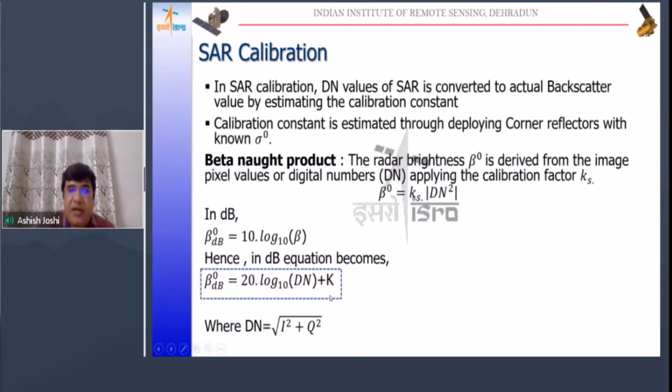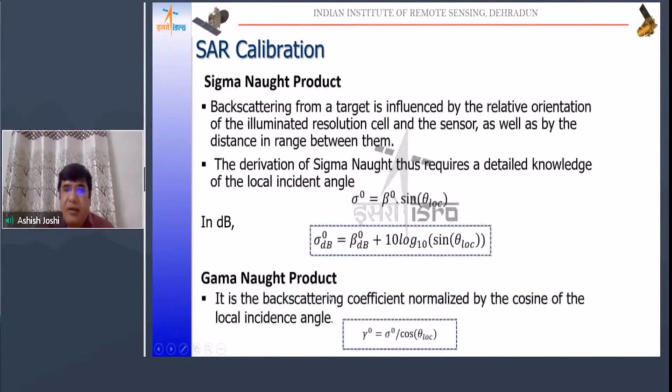Now, what is the sigma naught product? Sigma naught is the backscattered energy from a target, influenced by the relative orientation of the illuminator, the resolution cell and the sensor. The derivation of sigma naught requires detailed knowledge of the local incidence angle. So if we consider the local incidence angle, meaning the terrain, then we have to find the sigma naught. Sigma naught is the basic product which we have to derive.